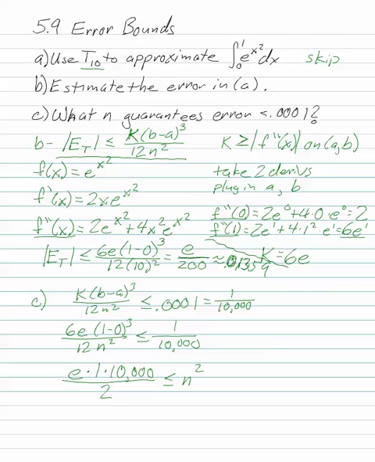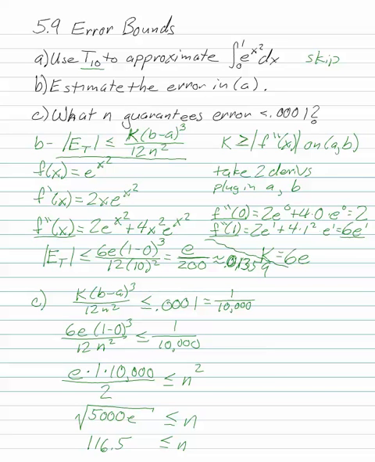So if we take the square root of both sides, we're going to get what n needs to be. N should be greater than or equal to the square root of whatever this is. So 10,000 over 2 is 5,000, so 5,000 e. And if you plug that in your calculator, you'll get that n is greater than or equal to 116.5.